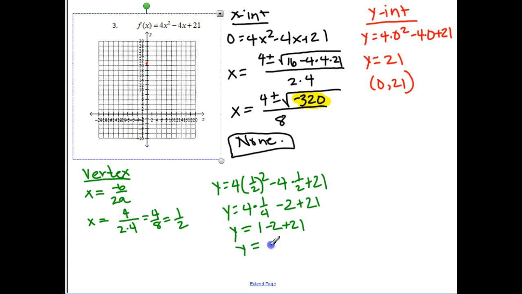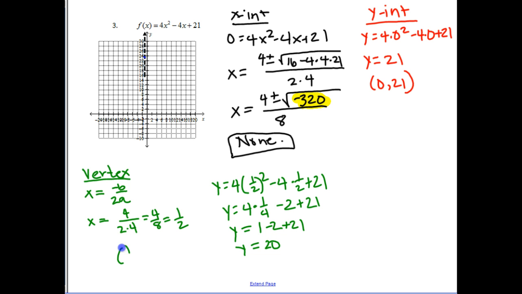Negative 1 plus 21 is 20. So the vertex is now 1/2, 20. And we're going to graph that. One half, 20 would be about right there.